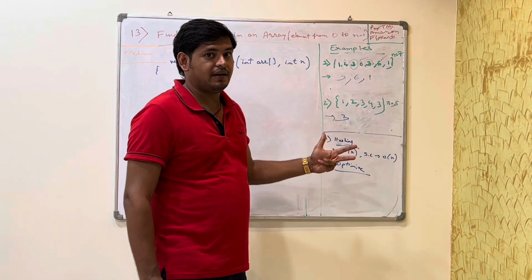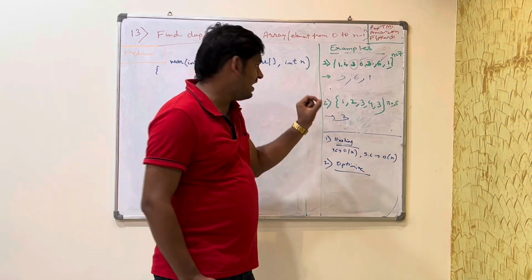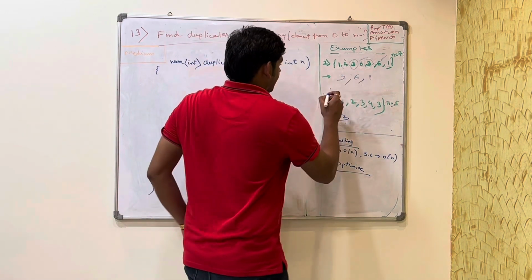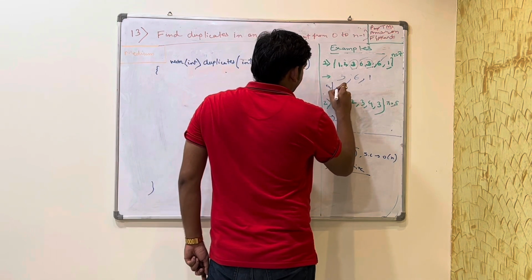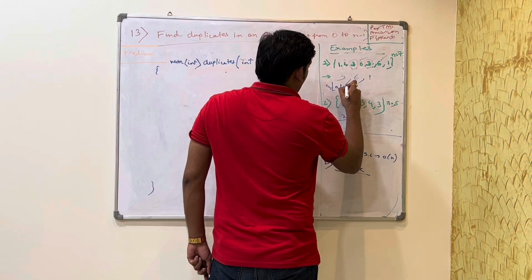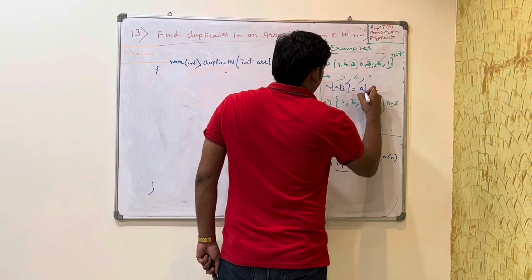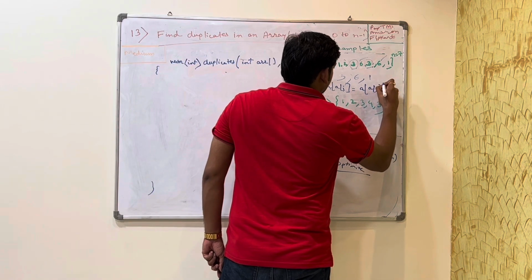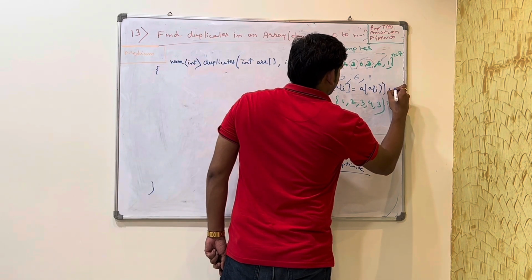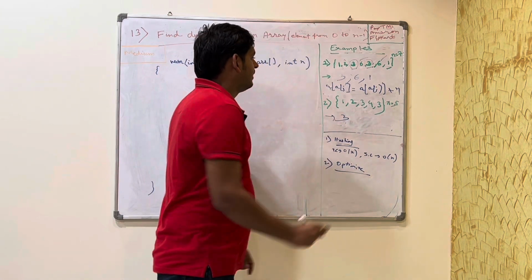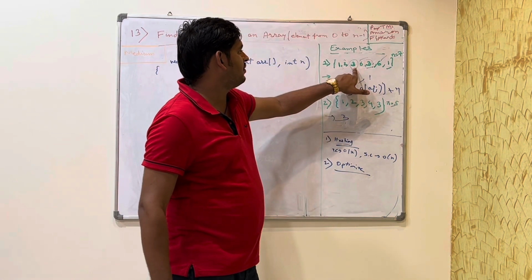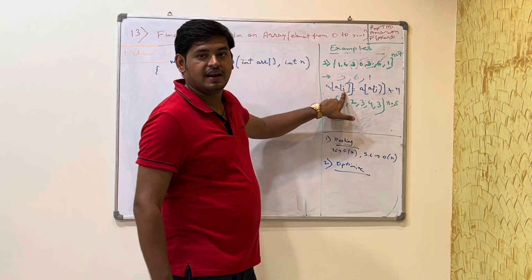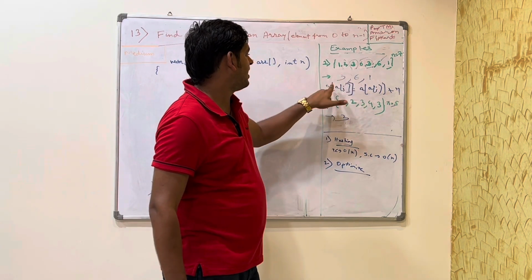So what will happen? When we store that, since the elements are repeated, for example, this 3 has come twice. So if I store the value like this, plus n, what will happen? When this 3, the third element, A3, will be coming whenever I will be storing.